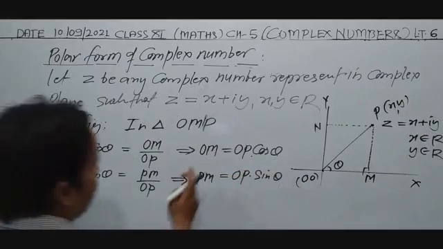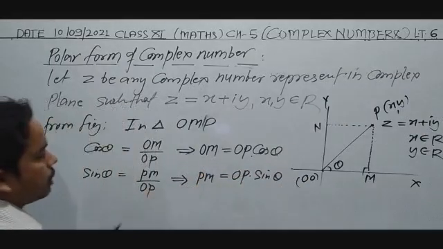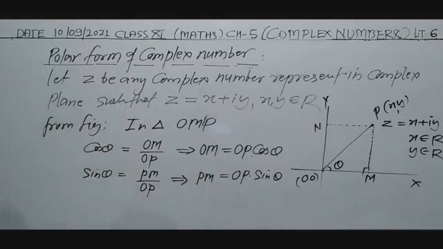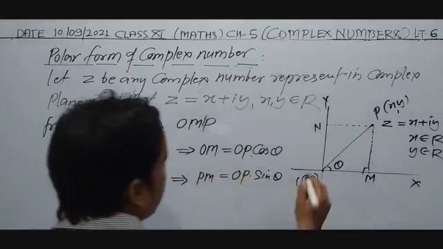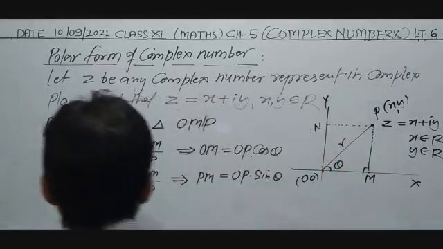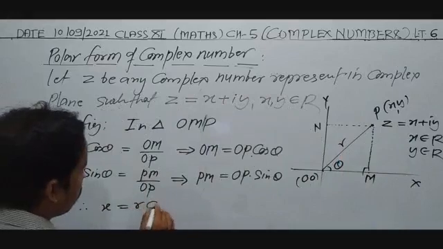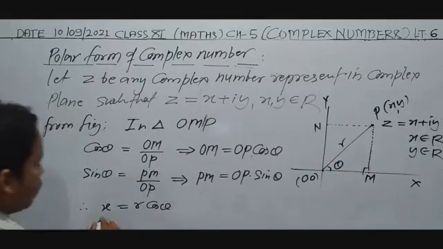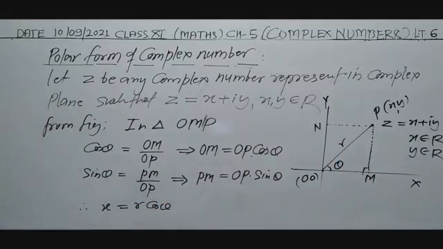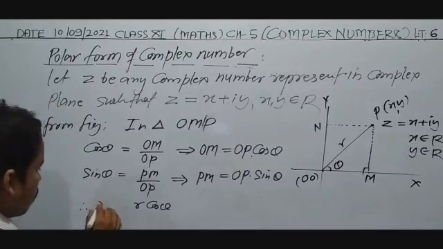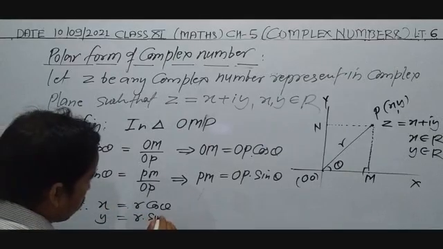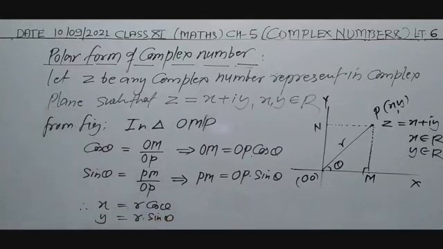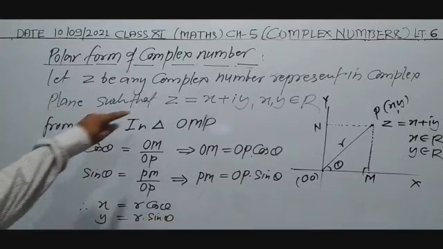So OM and PM are x and y. Therefore, considering OP is equal to r, x is equal to r cos theta and y is equal to r sin theta.